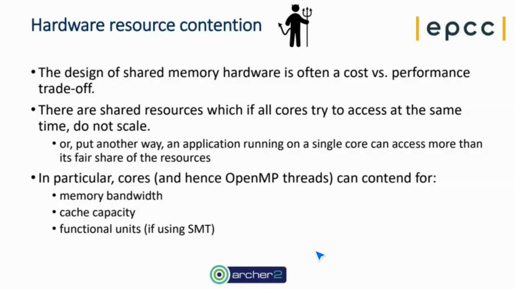You can think of it the other way: an application running on a single core can access more than its fair share of resources. But in particular, the cores, and therefore the OpenMP threads running on the cores, can contend for memory bandwidth, and probably the big one, cache capacity in shared caches, and also functional units if we're using simultaneous multi-threading.